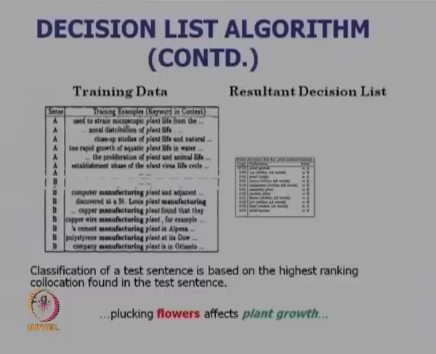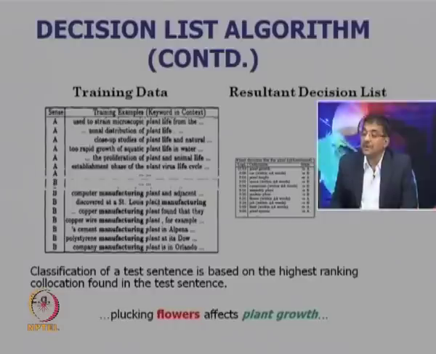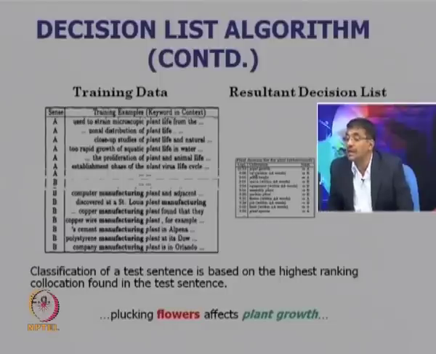The first few sentences take the botanical sense of the word plant: used to strain microscopic plant life, zonal distribution of plant life, close up studies of plant life, rapid growth of aquatic plant life in water, the proliferation of plant and animal life, establishment phase of the plant virus life cycle, etc. The other sense of plant is the sense of a manufacturing unit: computer manufacturing plant, a St. Louis plant, copper manufacturing plant, cement manufacturing plant, polystyrene manufacturing plant, company manufacturing plant, and so the collocations which are collected are shown here.